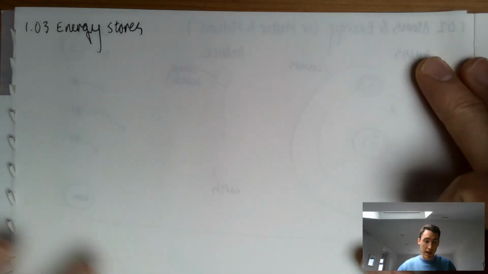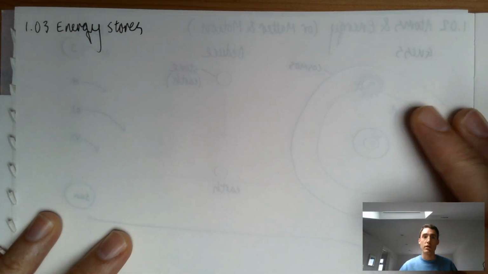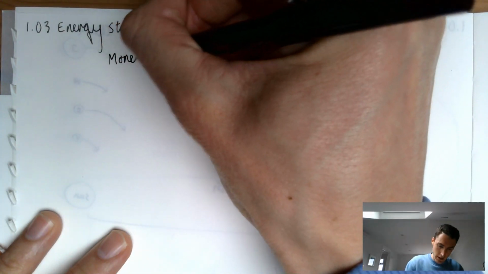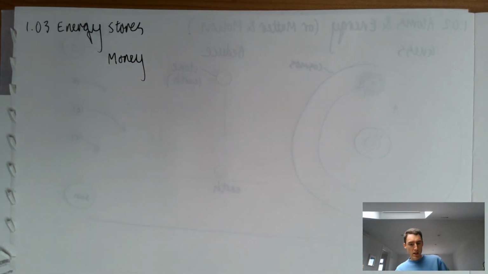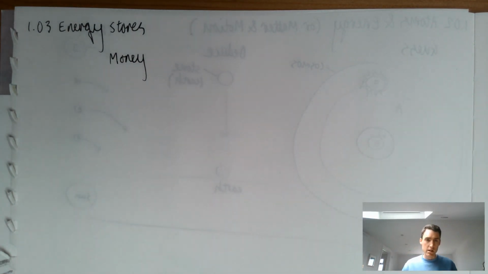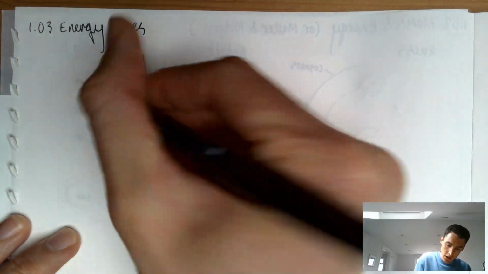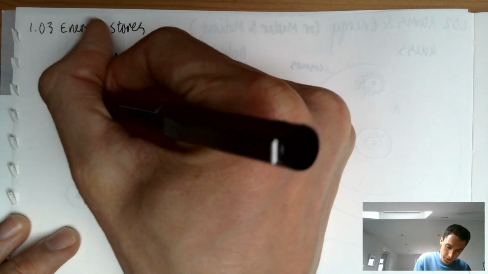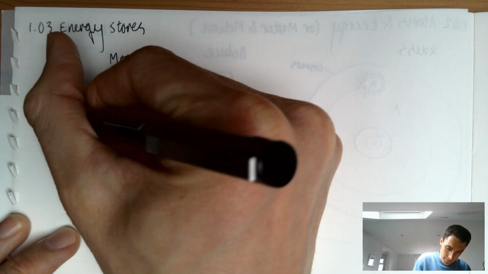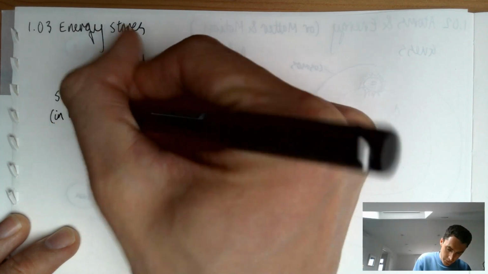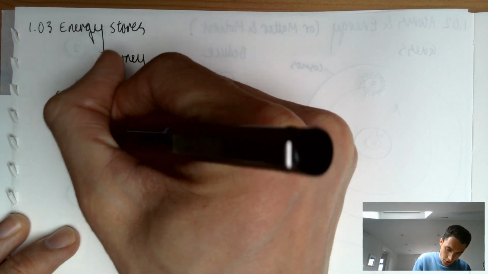But what I might explain to my students, or what I might start with, is just start with this idea of money. So if I write money in here like this, and all I'm going to say to them is, well, look, there's 2 things that we can do with money. We can save it in the bank, or we can spend it.